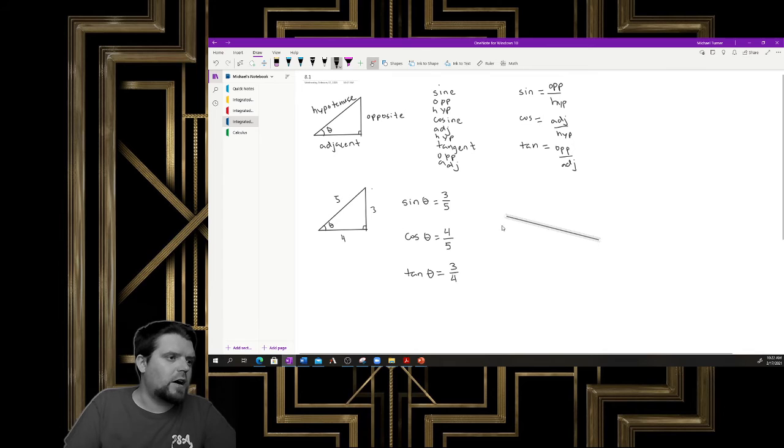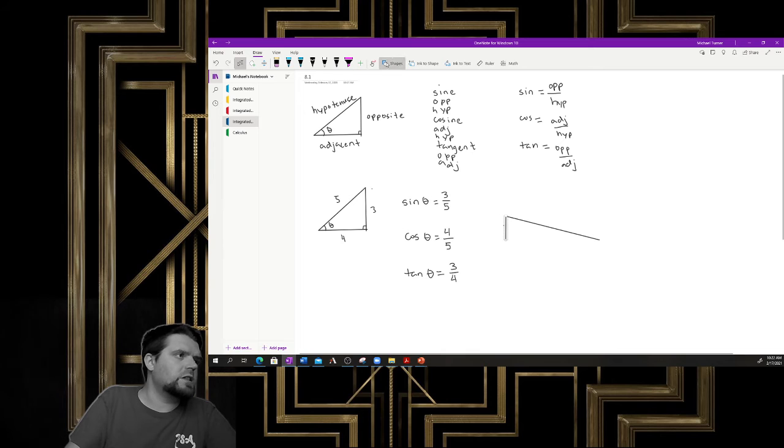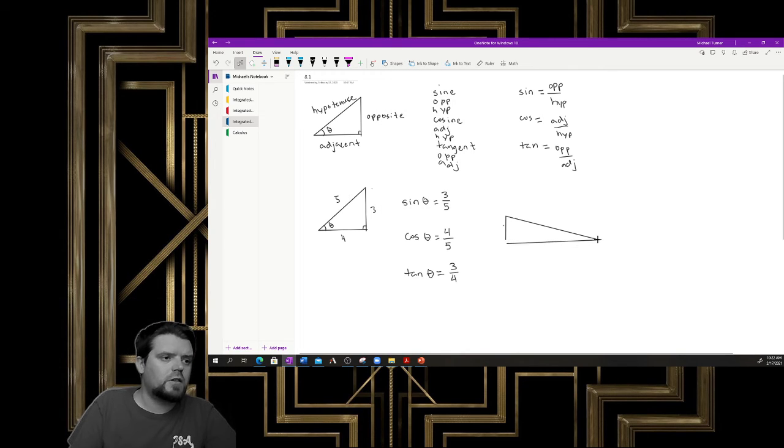It could be any right triangle. Your hypotenuse, of course, is never going to change, right? Your hypotenuse is always going to be the longest side of your triangle. So regardless, you're going to have the hypotenuse in the same spot.